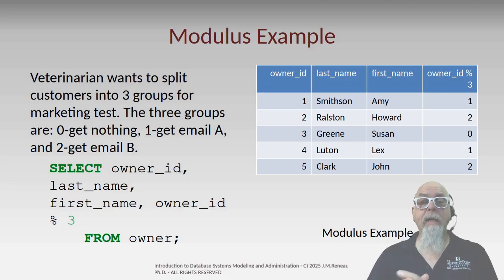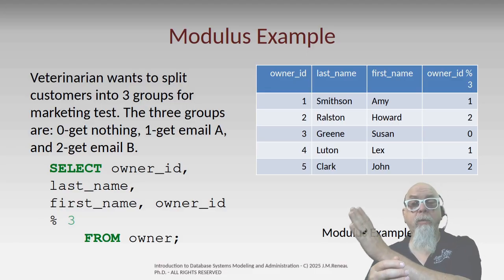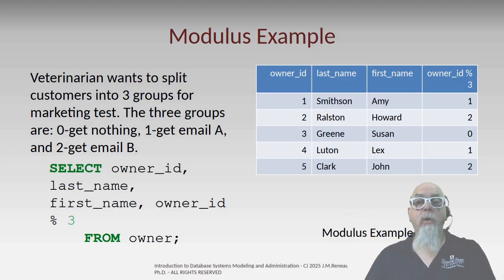Well, we could easily do it, because we randomly or sequentially assign the owner ID or owner number, by doing owner number mod 3. You can see that owner 1 divided by 3 is 0 remainder 1. Owner number 2 is 2 divided by 3, which is 0 remainder 2.